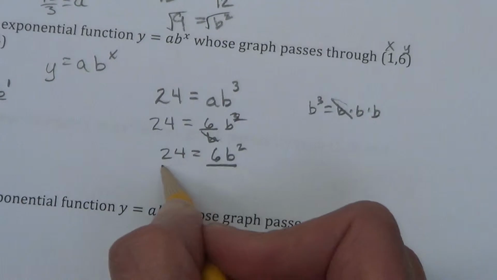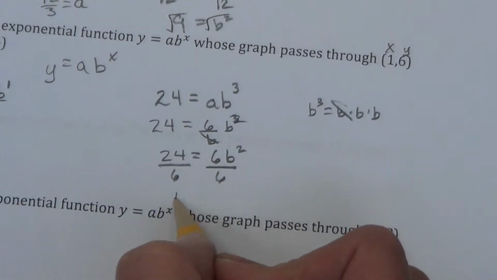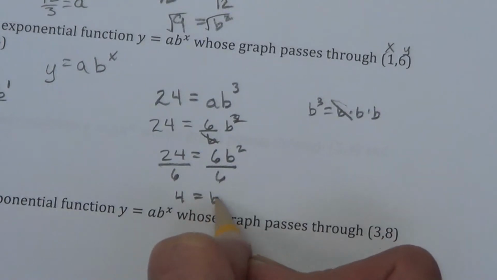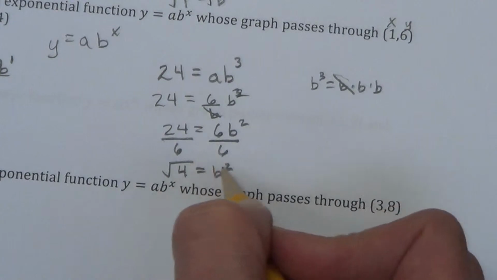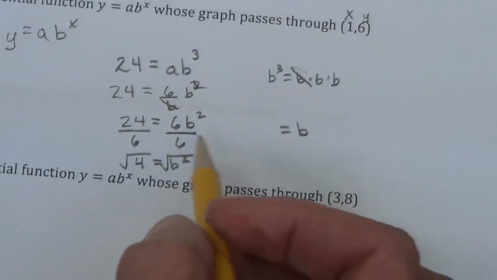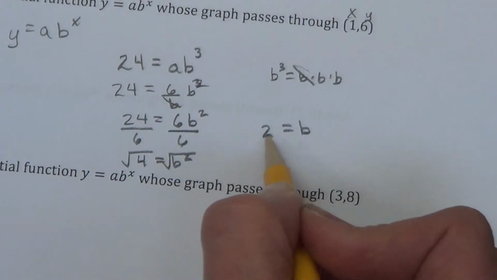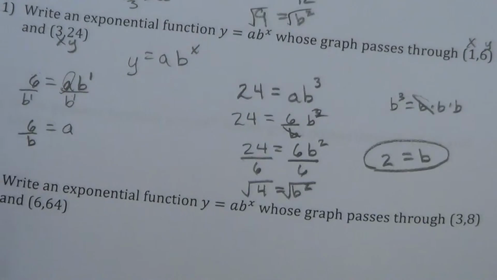Divide each side by 6. We find that 4 equals b squared. Square root of b squared is b. Square root of 4 is 2. So there's our first answer.